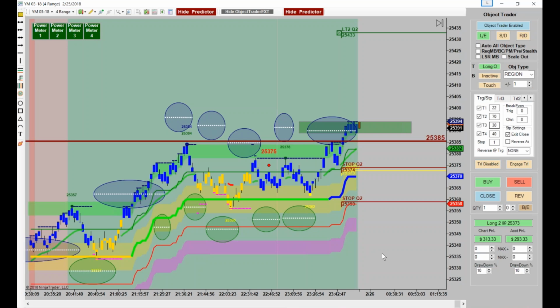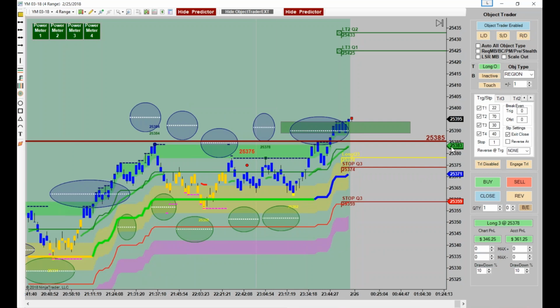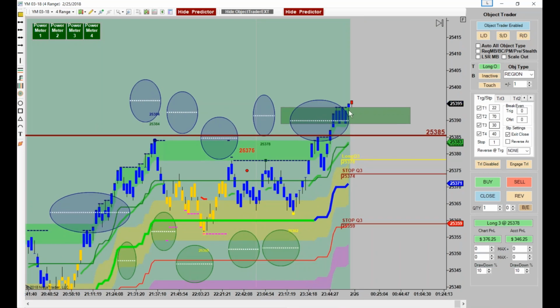Now keep in mind what I'm showing you here. We may retrace a little bit more, and that would be fine with me. But what I want to show you is if you do happen to miss a breakout, you can take this little trade right here because this looks like this is really rocketing up. Now let me show you how to make sure that you don't lose any money on it. See how it's above the box?